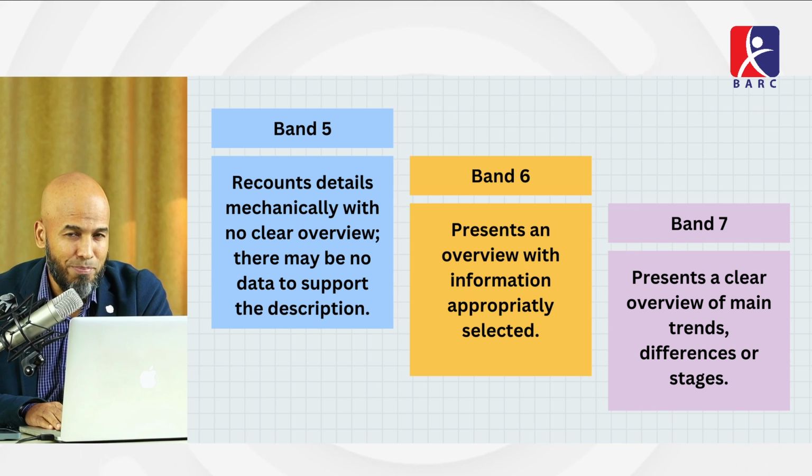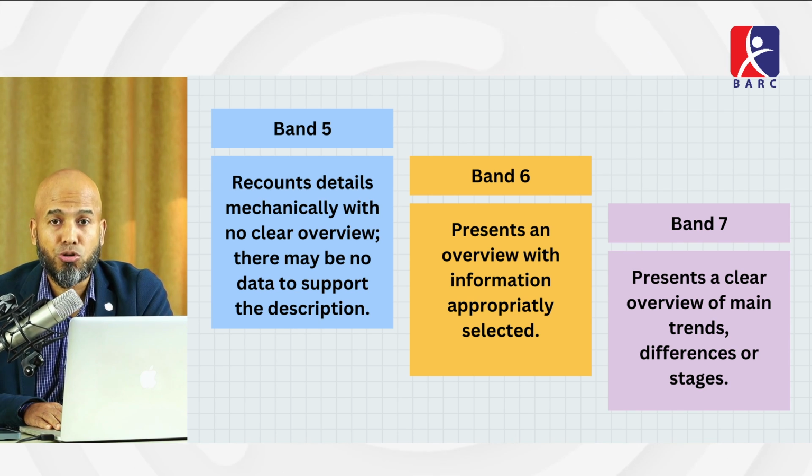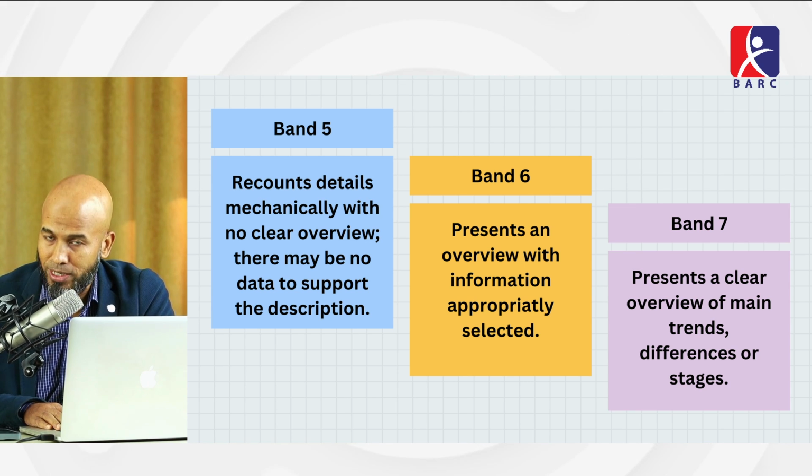But then what is a band 7? Band 7 says your writing presents a clear overview of main trends, differences or stages. So main trends. If you'd like to get 7 or above, you need to identify the main trends. You will learn about trends in the coming session, don't worry.